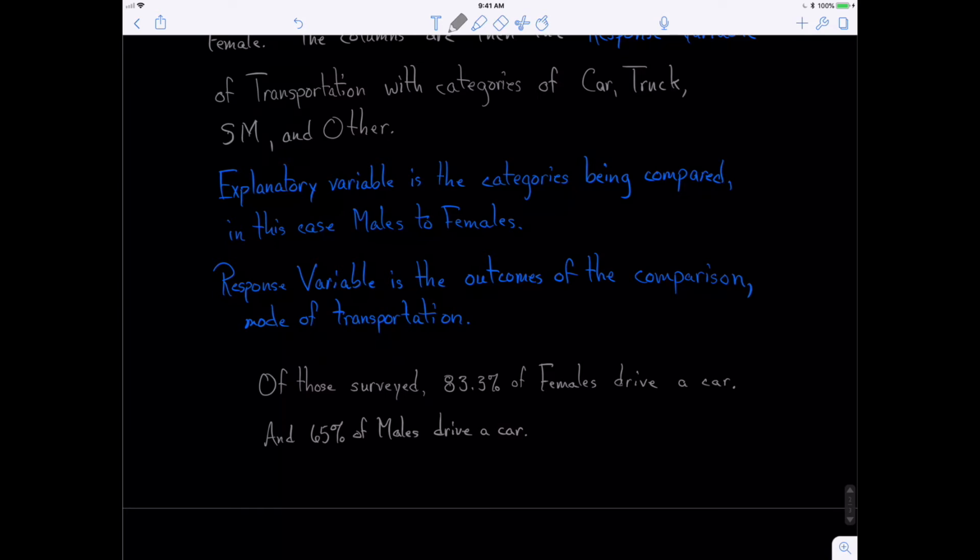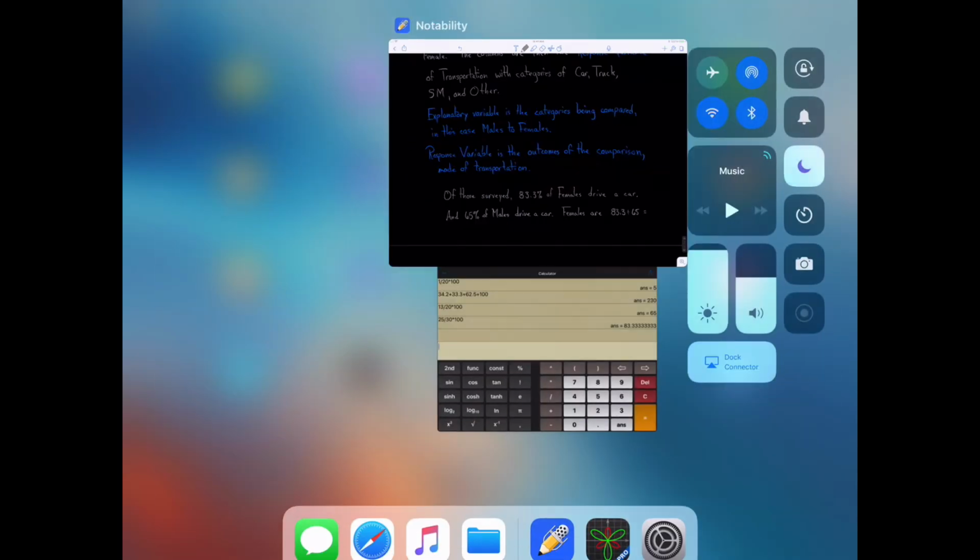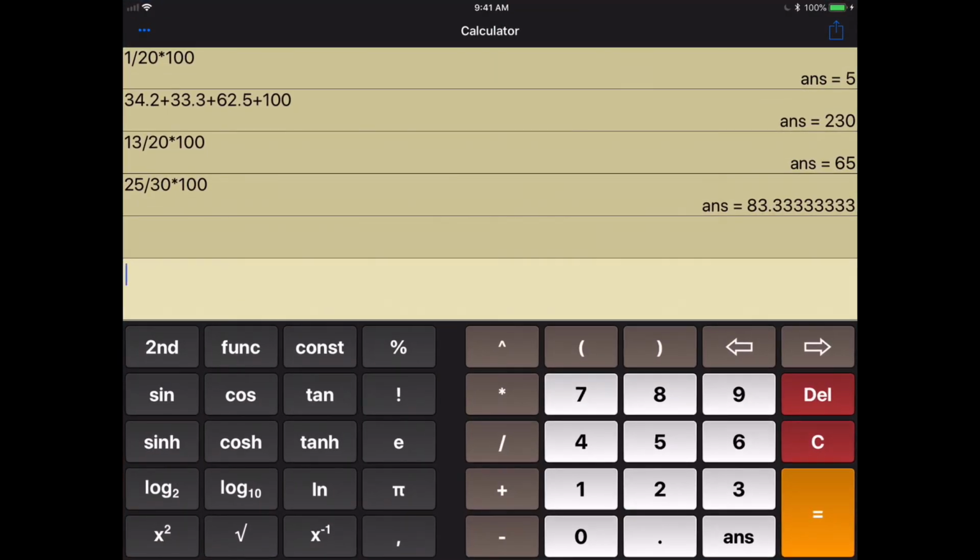So here's what we can say. We can say females are, and this is the interesting part, we always use the larger percentage and divide it by the smaller percentage. So we take 83.3 and divide it by 65. Let's go over to Good Grapher and take a look. Good Grapher says that if we take 83.3 and divide it by 65, we get 1.28.